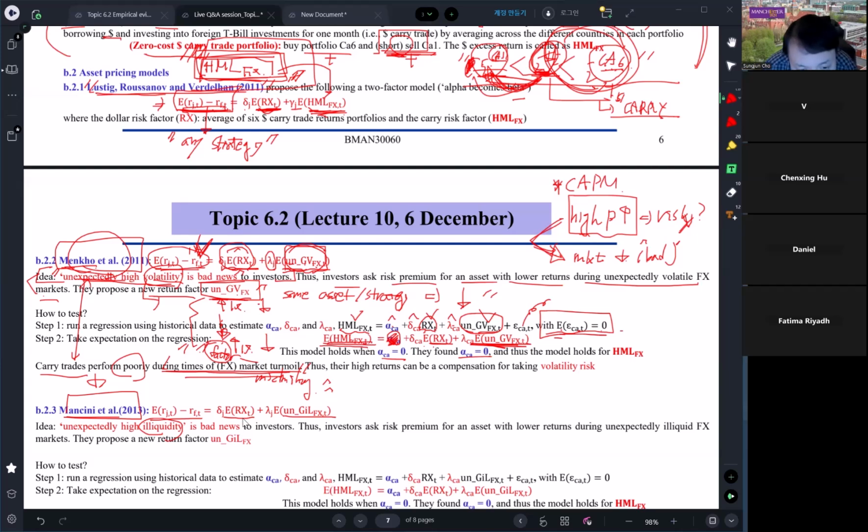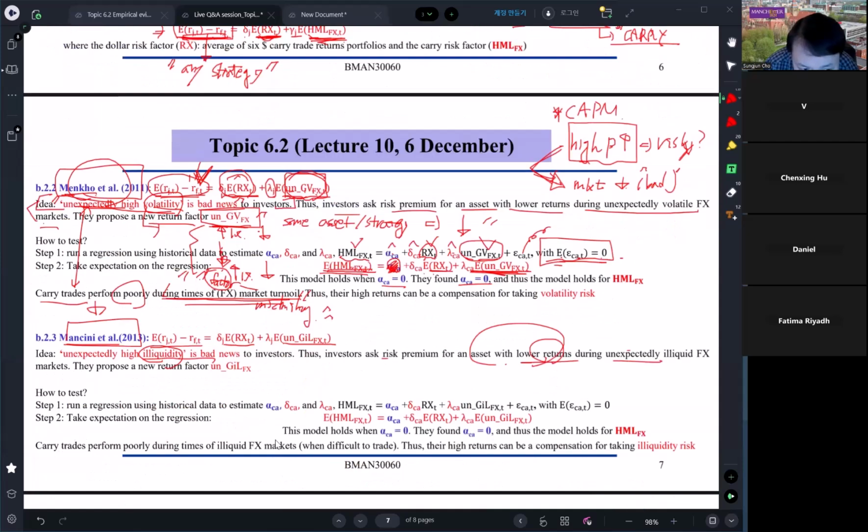You don't want to buy a certain asset with this kind of news, right? So this is bad news to an investor. So the investor will ask a premium for assets with low returns during this unexpectedly illiquid market. Why do you ask a premium? Because during the bad time, this asset gives you lower returns. You don't want to hold such an asset, giving you negative returns during bad time.